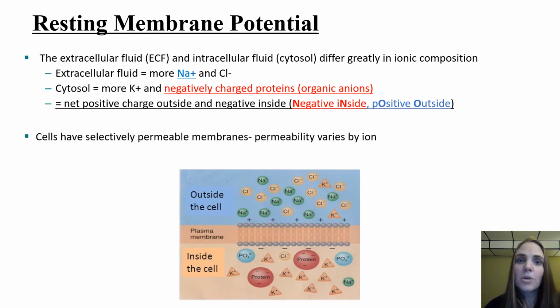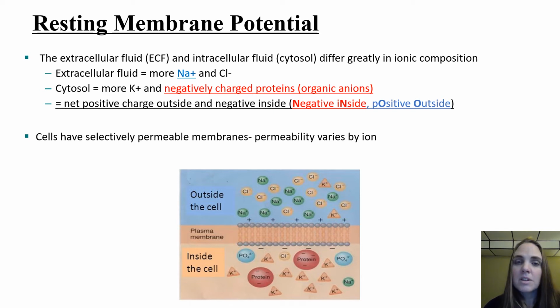When we say chemical gradients, that's what we thought of before as concentration gradients. So the ions are trying to move from an area of higher concentration to an area of lower concentration via diffusion. So because we have more potassium inside the cell, it's going to be driven out of the cell.